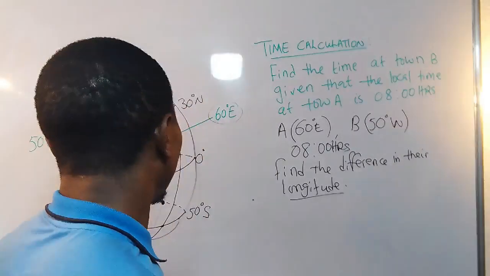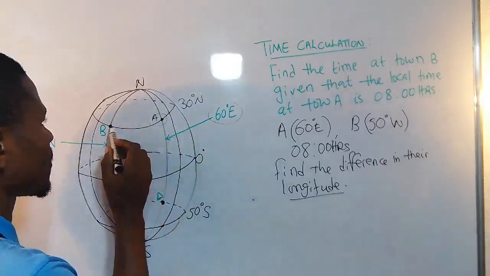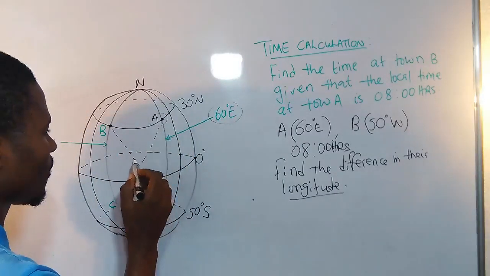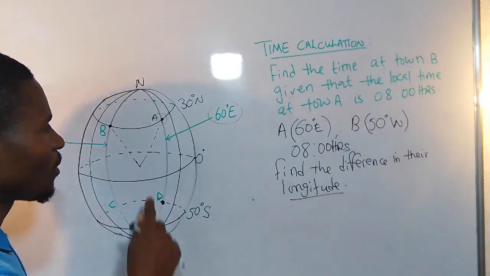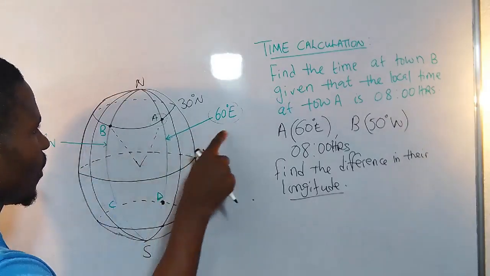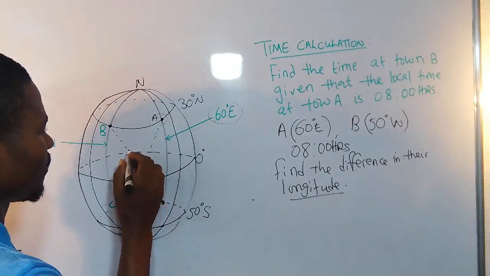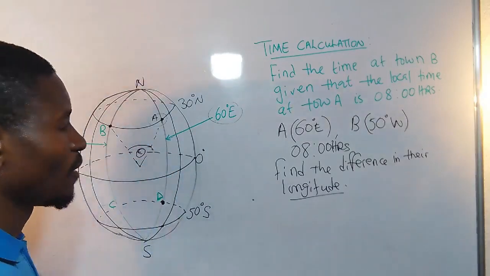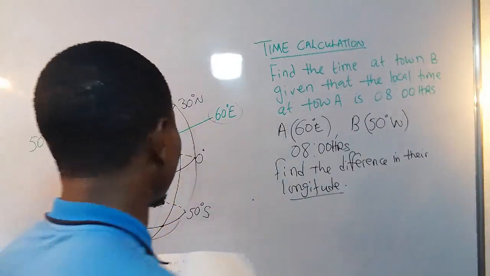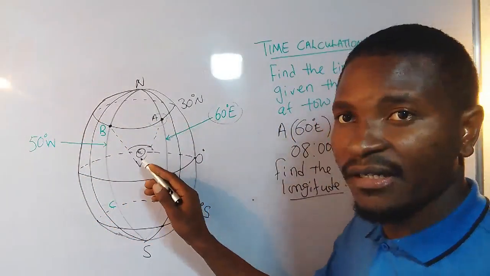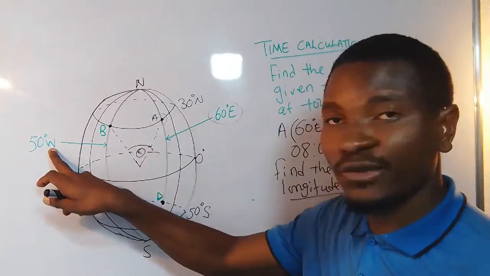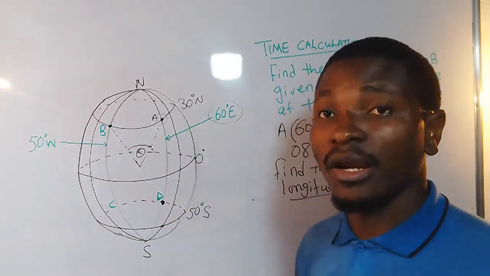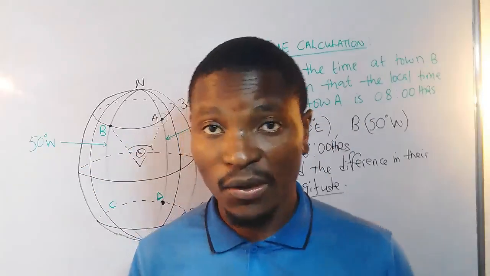So it's like we are finding this angle theta. So I have to add this 50 degrees and also 60 degrees in order to know their total angle.